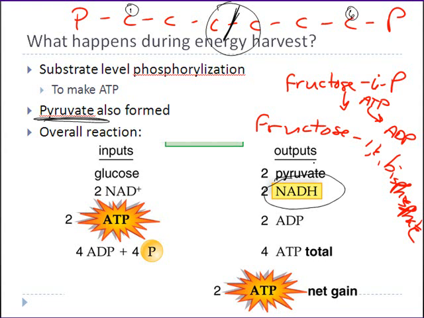Remember, I told you you're going to see that NADH and NAD plus frequently in these equations, and it's a coenzyme. It's a temporary energy storage molecule that we use.